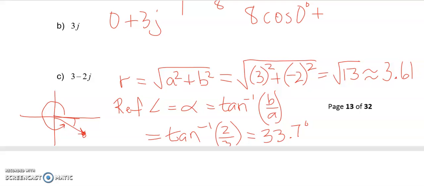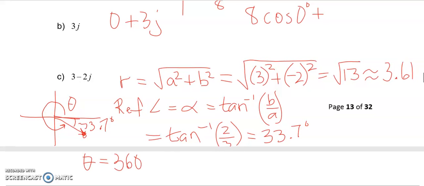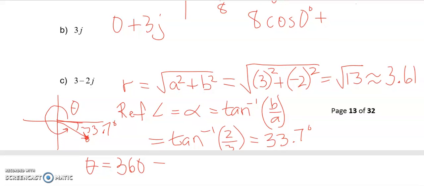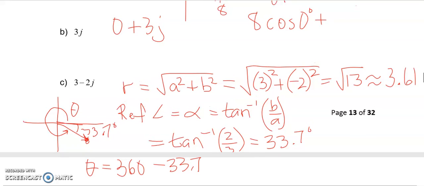But remember, that's not necessarily your theta. In fact, this angle right here, there's your 33.7 degrees. And if you want to get your theta, you would have to subtract that from 360. So theta is actually equal to 360 minus 33.7 degrees.